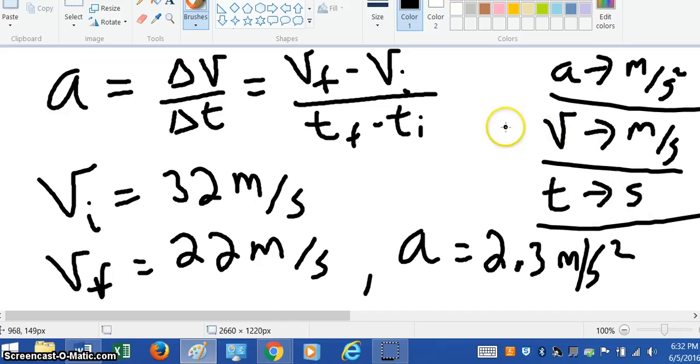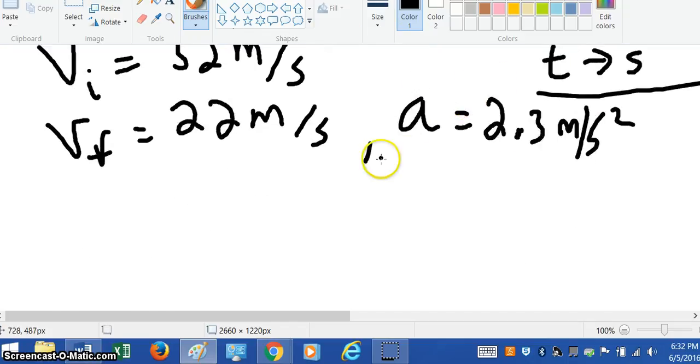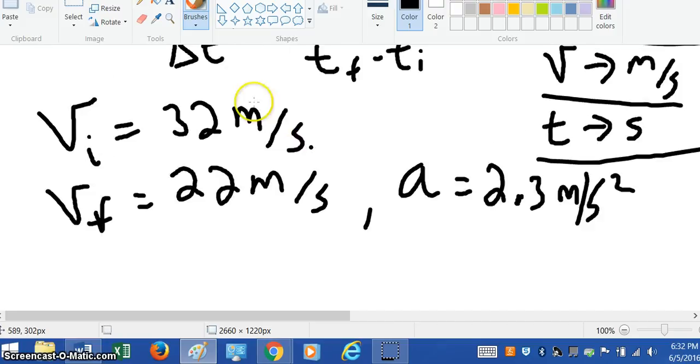So with that information and this equation, the question would be: how much time does it take a car initially traveling at 32 meters per second and accelerating at a rate of 2.3 meters per second squared, and of course it's going to be negative?